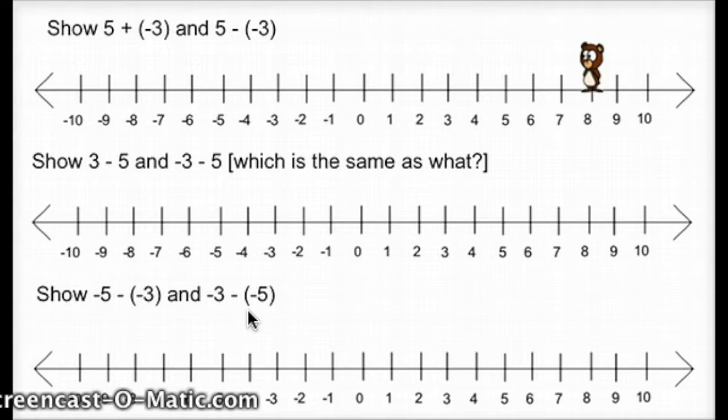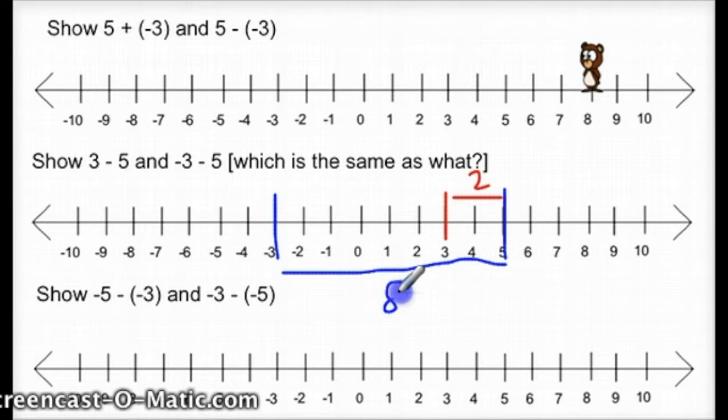And now I would like to return to the idea that subtraction is the distance or difference between numbers on a number line. If, again, we look at the distance between 3 and 5, we saw from before that was 2. But now the distance between negative 3 and positive 5, we can see that's 8.